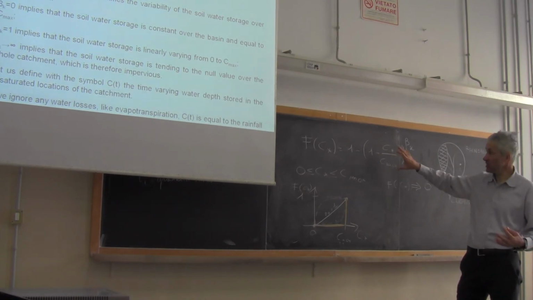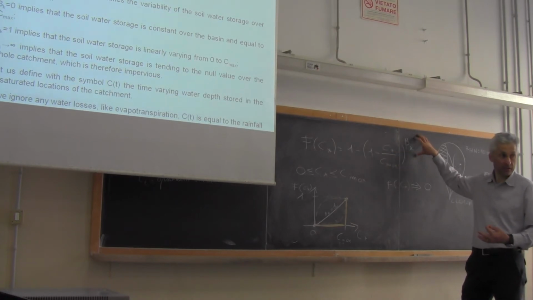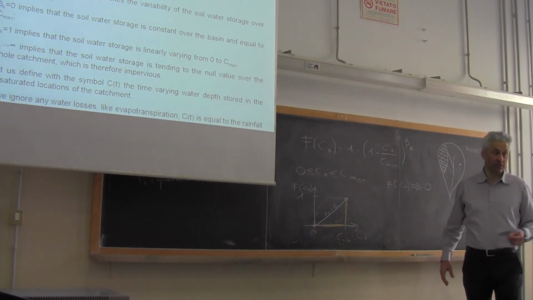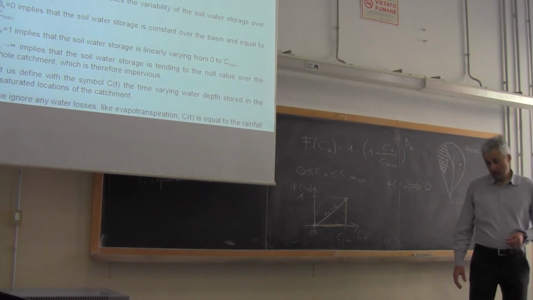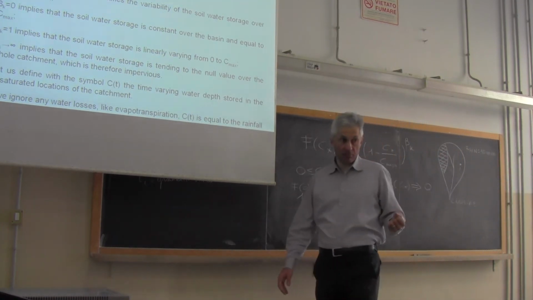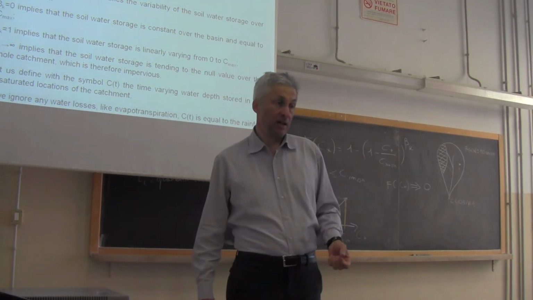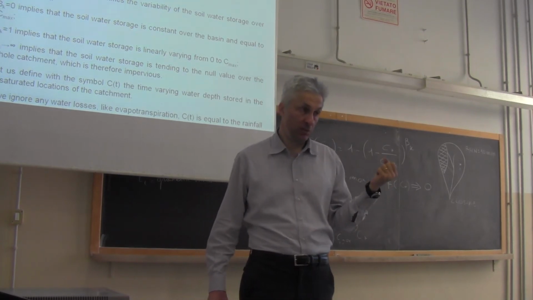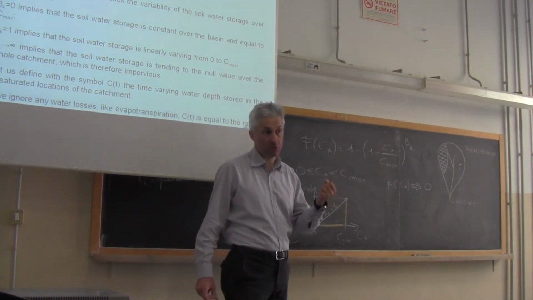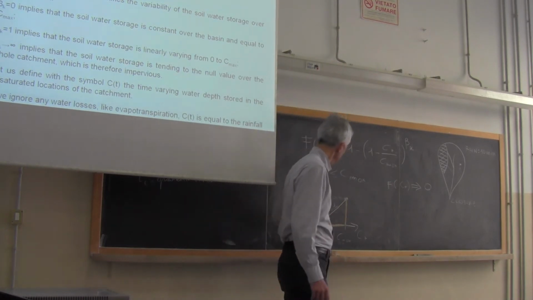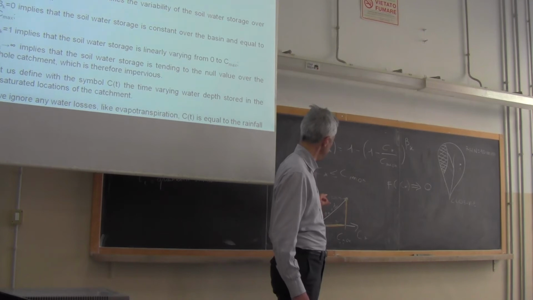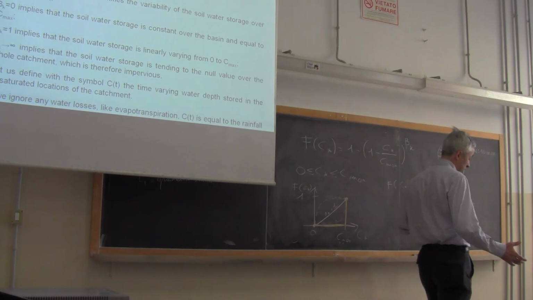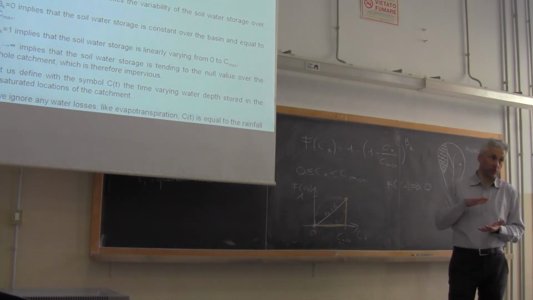To the power of infinity, it goes to 0, and therefore Fc star is 1 everywhere. Which means that the proportion of the catchment that has a storage lower than C star is very high, which means that the catchment doesn't absorb much water, and therefore the curve is something like this. Of course, you expect that Cmax in these conditions is reduced.